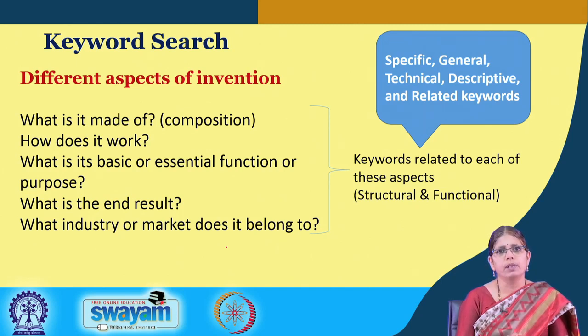Let us say it is about a particular composition, in which case you are looking at what this composition is made of, how many components are there, how it is composed, how it works, what is the essential function of this particular composition, how the end result of the application is achieved in relation to a composition, and what are all the relevant arts or industry this composition is relevant to.